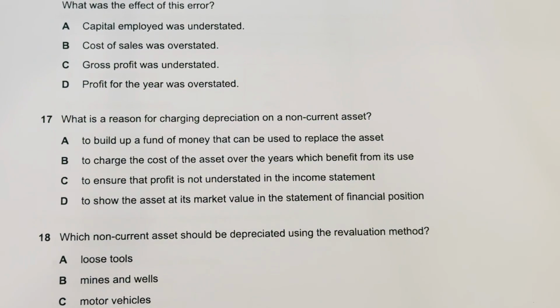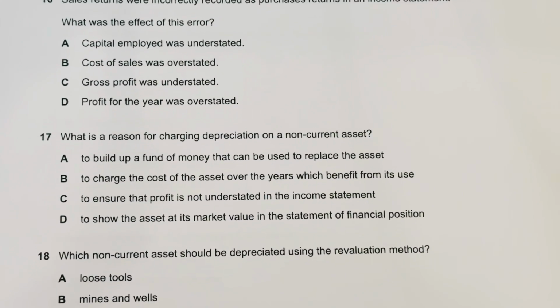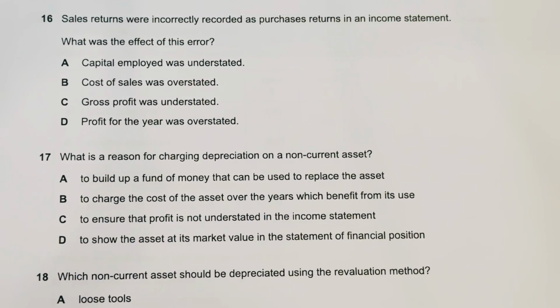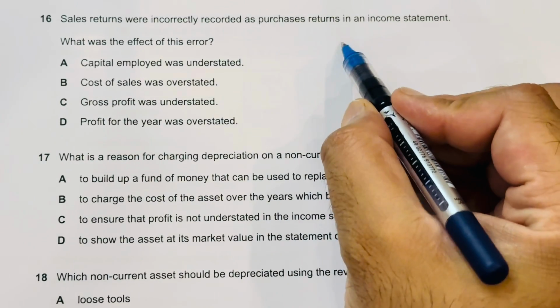This was an easy question. Sale returns were incorrectly recorded as purchase returns in the income statement. What was the effect of this error? So what would be the effect?